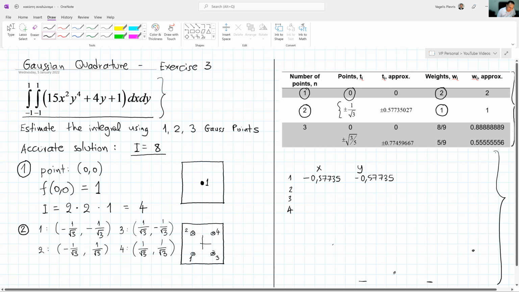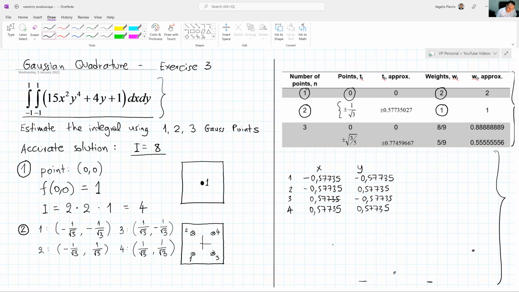And easily, I can also write the other ones: minus, minus, and then plus. And the y values are again plus, minus, and again plus. So these are the x and y values of my points.